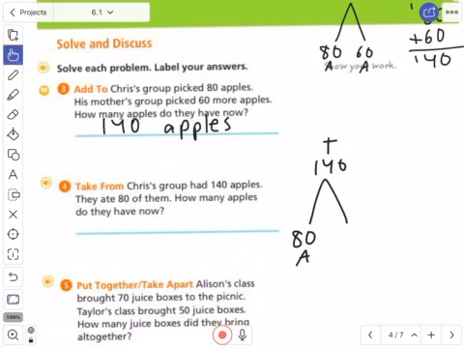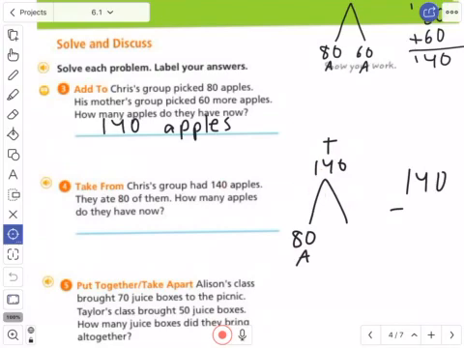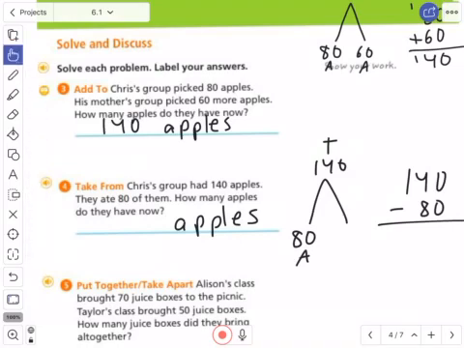And so for that one, you might want to do work like right next to it. It looks like probably a subtraction one to me because I already have the total. I'm going to take away or take from that. I'm going to take away from 140. I think that's going to be a subtraction problem then. And then you're going to make sure you get your label there too, apples. Now these other ones I'm not going to show you as much, but you can pause there just to kind of fill in some of those pieces for number 4.